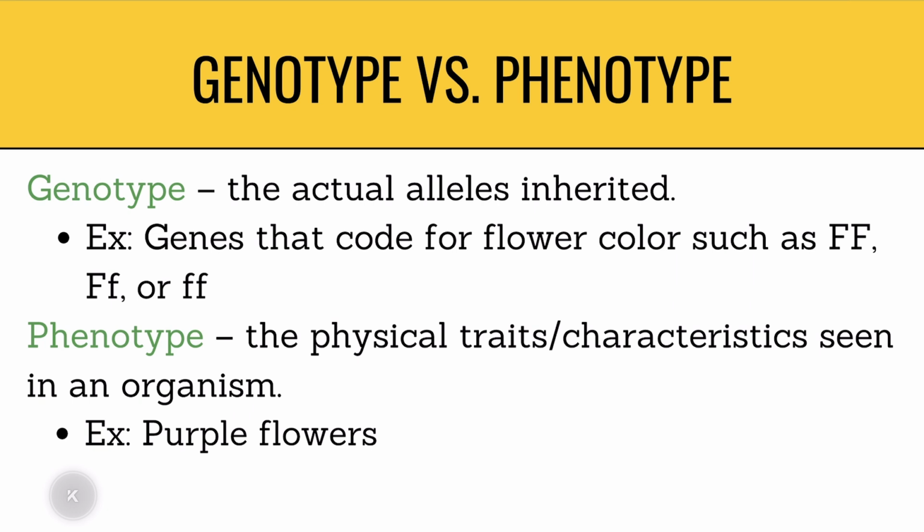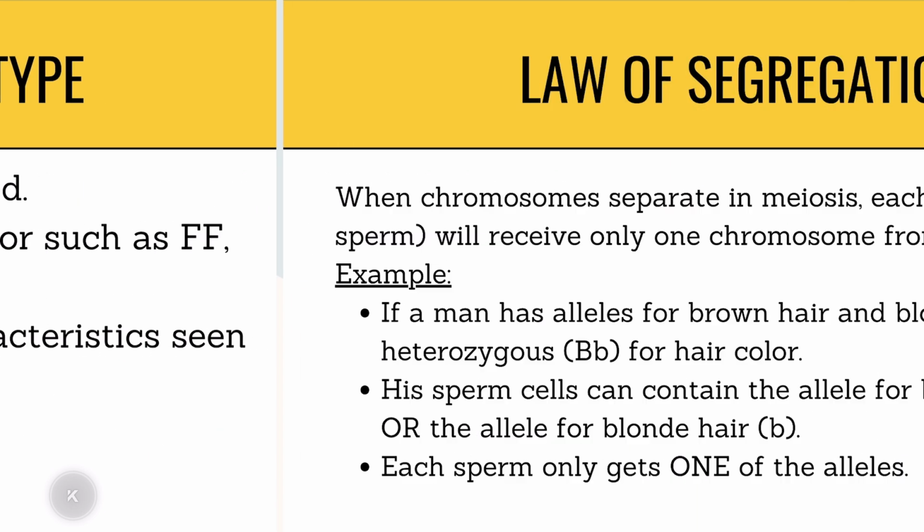It's talking about the actual genes that you are inheriting. Whereas a phenotype, that's the physical trait or the physical characteristic that is seen in an organism because you have those alleles. So for example, purple flowers, blonde hair, blue eyes, all of those are physical traits. They're not the alleles themselves.